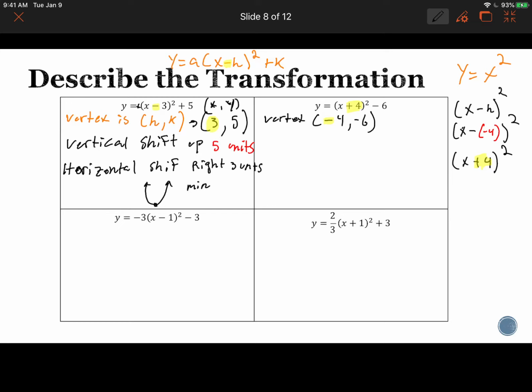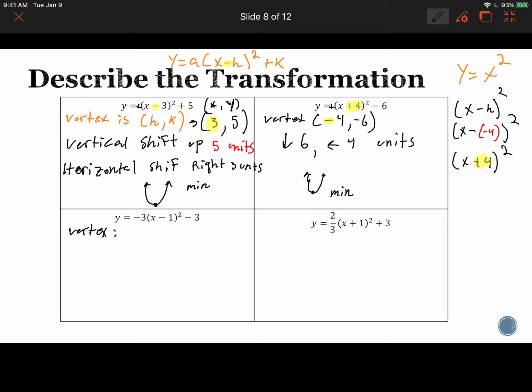So we're going to have a vertical shift down 6 units and left 4 units. Again, a is positive, so I'm going to have a minimum because it opens up. Now let's take a look at the last two.